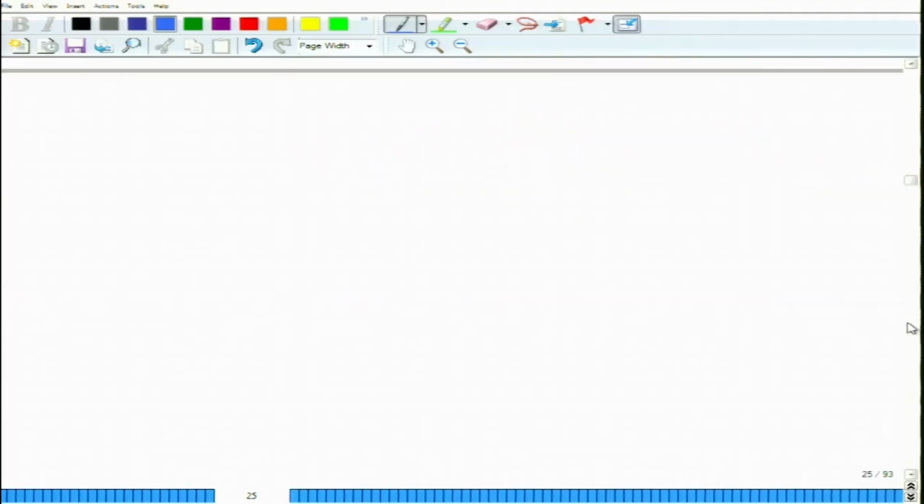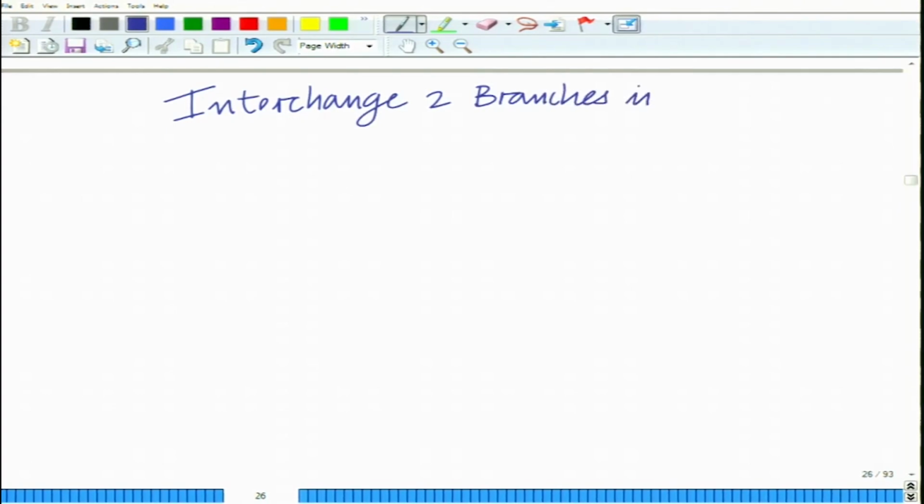So, now what I am going to do is interchange the two branches in DF1, and what that gives me is something very interesting.